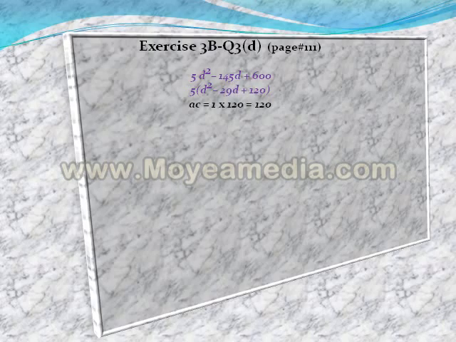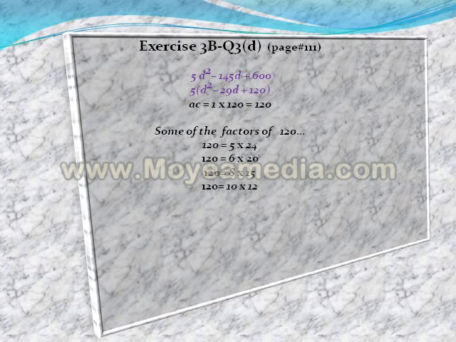So AC is 120. Now what we are going to look for are the factors of 120, not 3000. Remember, it will be much easier for us to solve it now. Here, some of the factors of 120 are in front of you now.